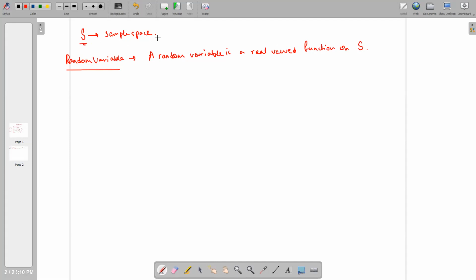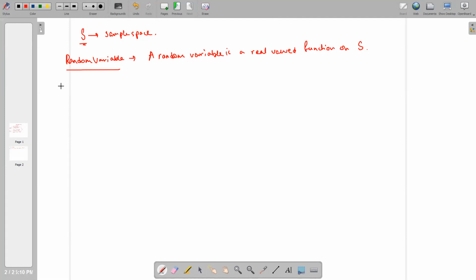Random variables we usually denote by capital letters, say X, Y, Z, and a discrete random variable is one that can take on only countably many values.